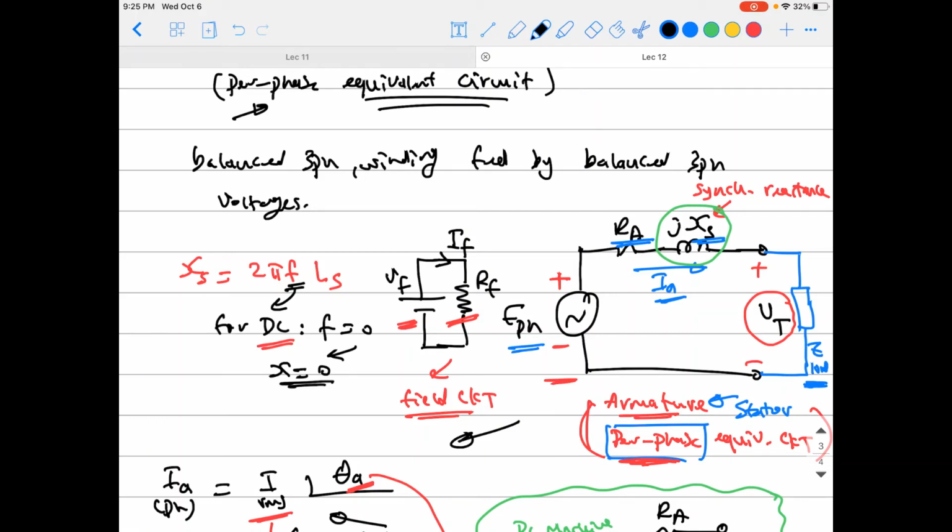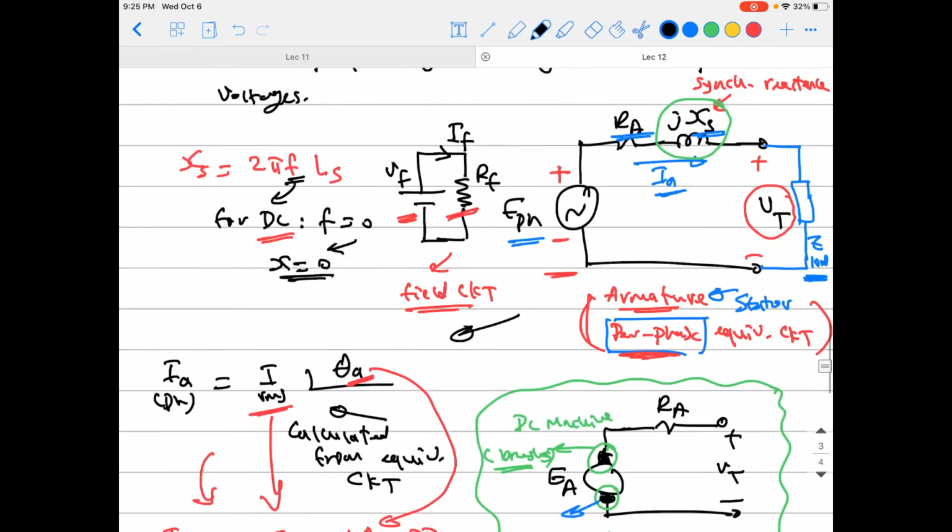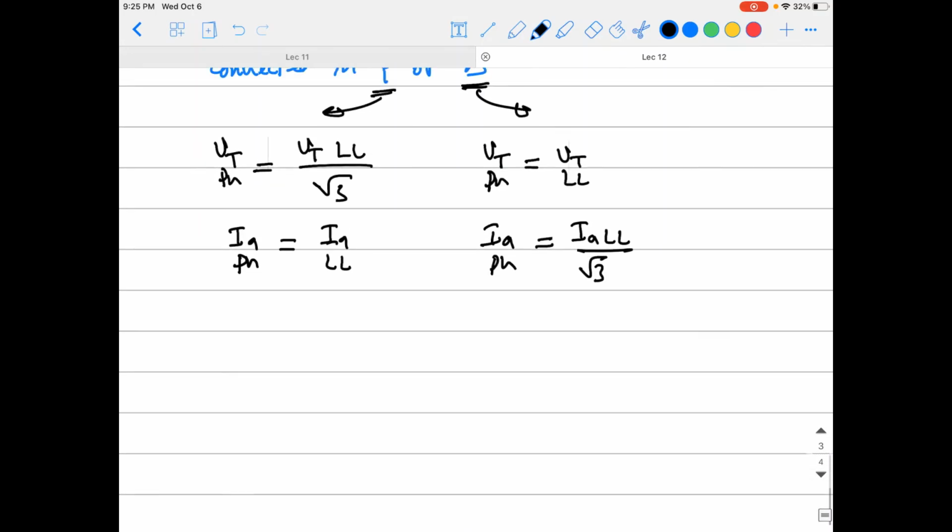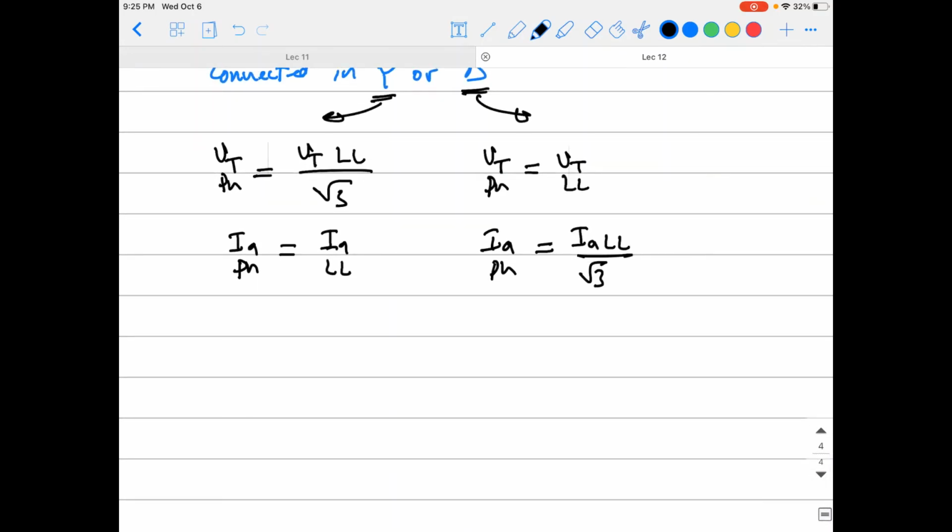Okay, but if you want to calculate the line to line quantities, or it is given the line to line quantities, make sure you make the correct conversions before trying to go around and find anything else. Okay, that is very, very important to keep in mind. I'm stressing this much and much and much, because really it is just a source of big headache. Yeah, all the time the mistakes are just coming from this thing.